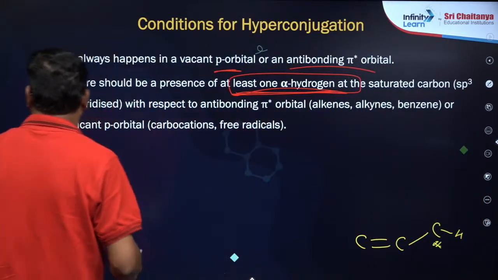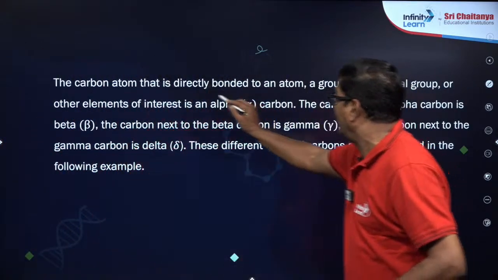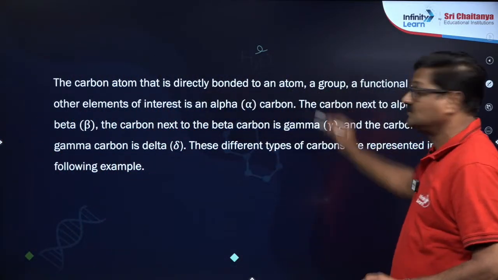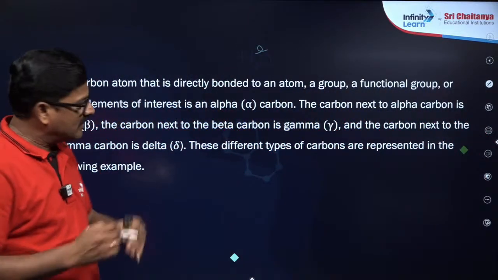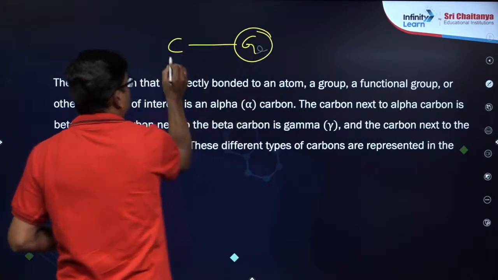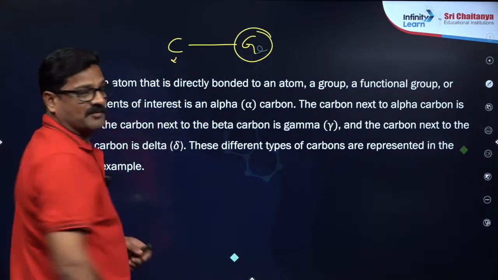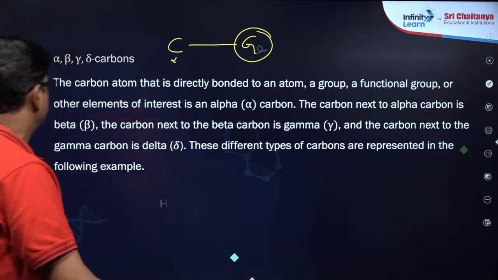Right. So how to identify the alpha hydrogens? The carbon atom that is directly bonded to an atom or a group or a functional group, anything that is attached to a group, that carbon is called alpha carbon. This alpha carbon is essential for hyperconjugation.